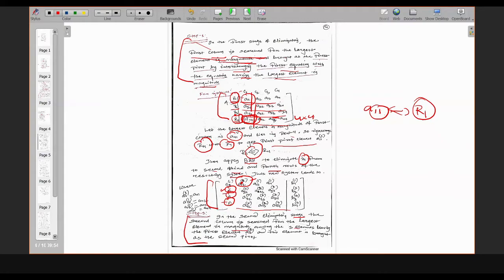Among the 3 elements, you see, because it's a 4 cross 4 matrix, you should have 4 elements in the second column. But why are you searching only 3 elements?